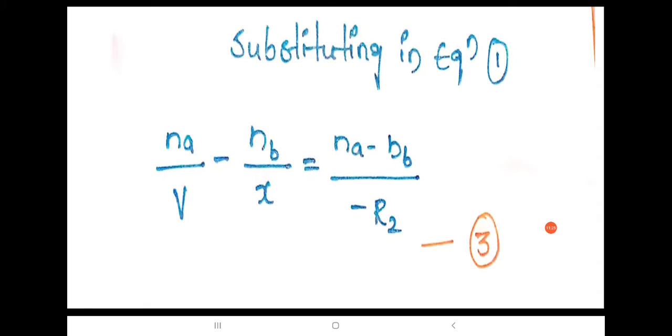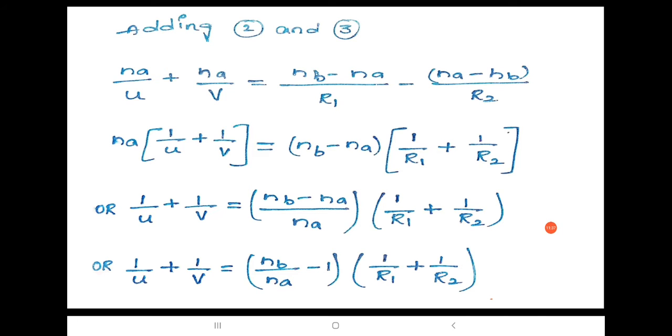And the third equation: NA/V minus NB/X equals (NA minus NB)/(minus R2). Now, in these two equations, NB/X is common.